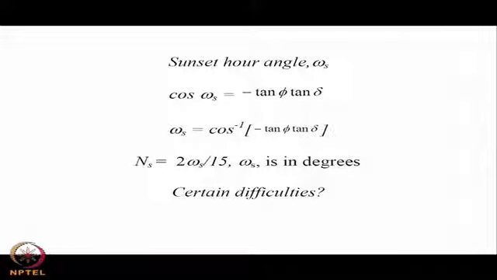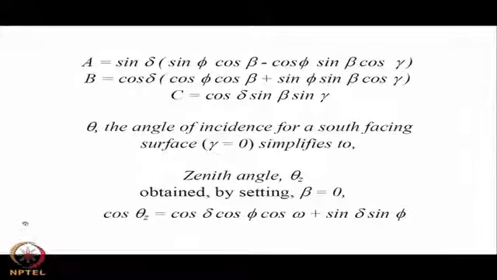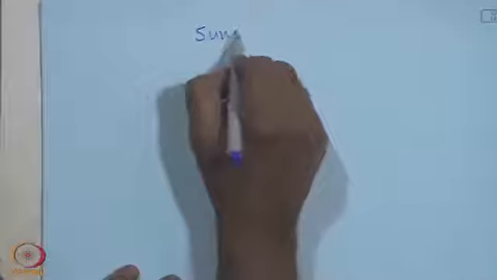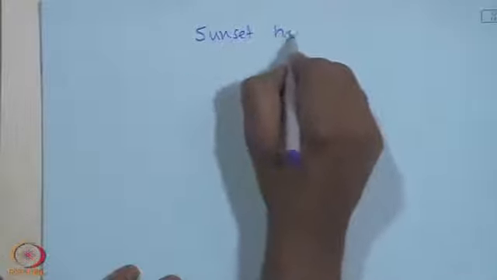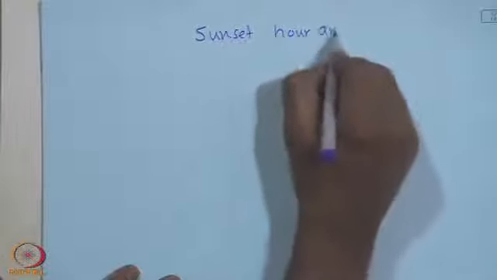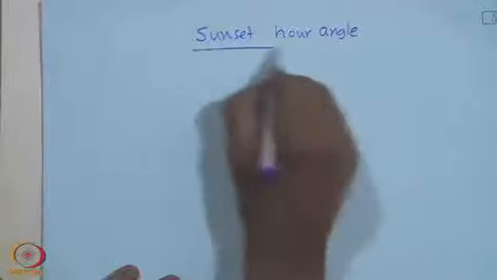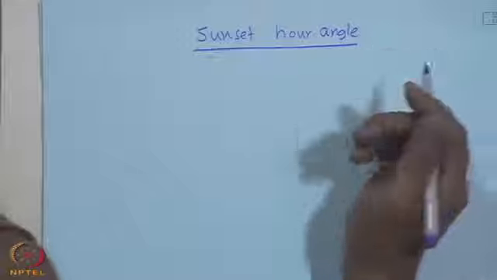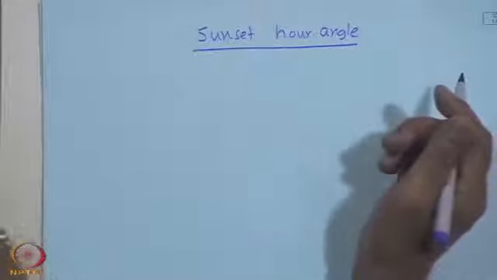Now, we go for one more thing. A sunset hour angle, how do you define it? It can be called a sunrise hour angle or a sunset hour angle.